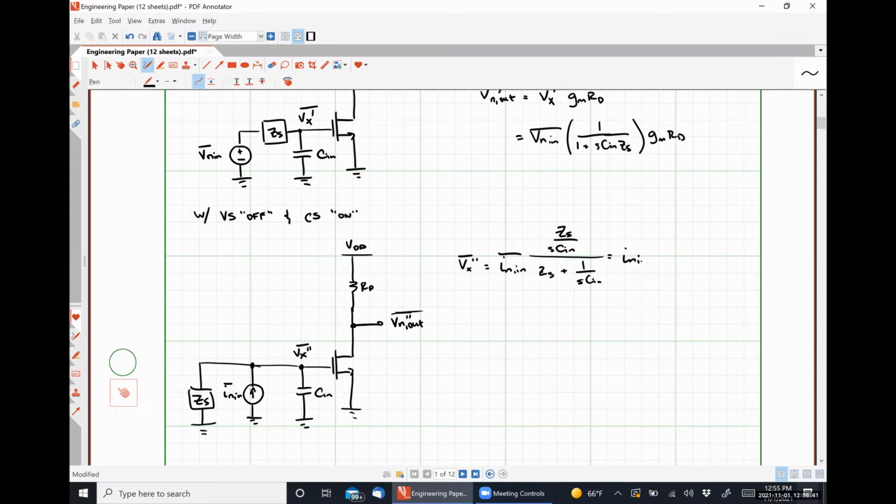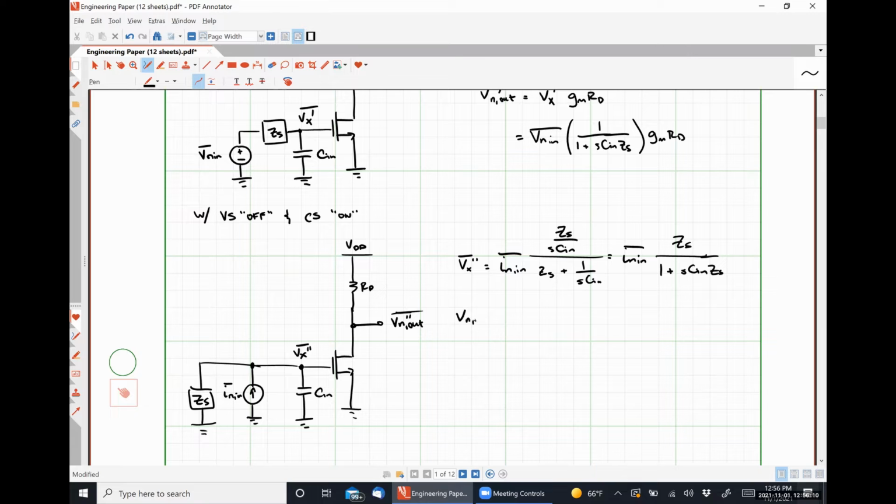which is going to be IN multiplied by ZS divided by 1 plus SCN ZS. Yes, I've cleared my fractions correctly.